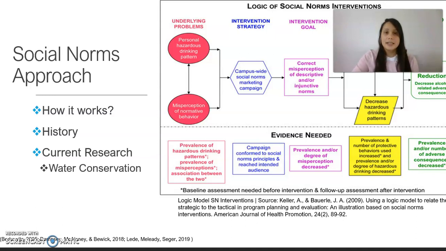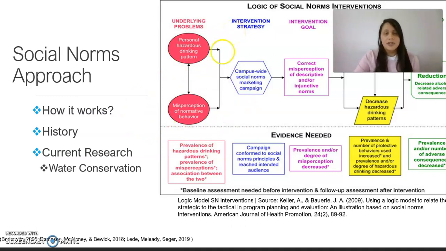In the United Kingdom, one community decided to use the social norms approach to increase water conservation efforts. They collected data from individuals within the community that identified what their personal water usage was, as well as what they thought their neighbors' water usage was. They found that there was a misperception in what individuals thought their neighbors' water usage was. They went ahead and implemented an intervention strategy.